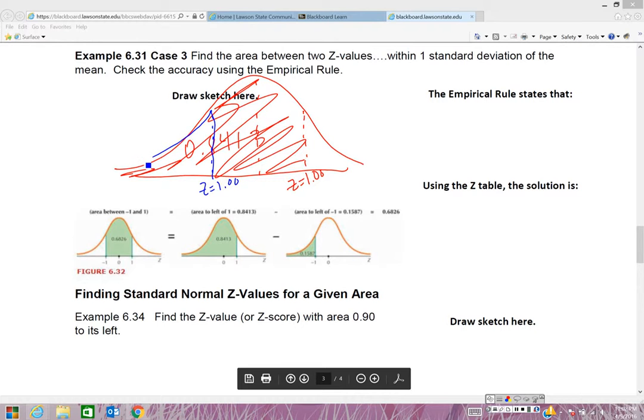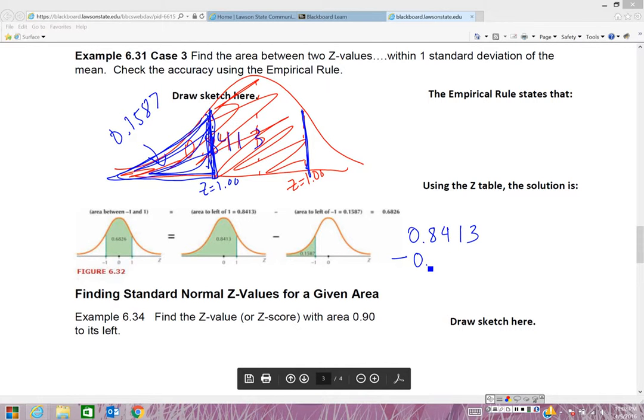So I need to subtract this area. Now I just found out that this area is 0.1587. So to get the area in between these two numbers, I will subtract 0.1587 from that big area of 0.8413. So 0.8413 minus 0.1587 will give me the area that's in between, which is in green right here.